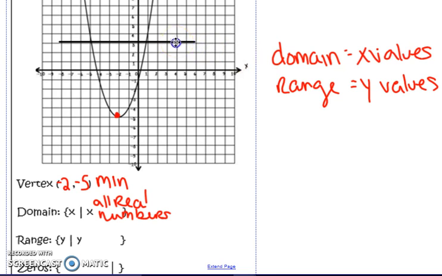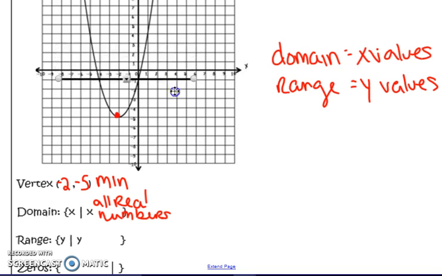However, if I move that line down, down, down, down, down, it stops. And it stops at -5. There's no more points that it can hit. So in this case, it's hitting everything greater than or equal to -5. Because my vertex is a minimum, my range has to be higher or greater than the number.